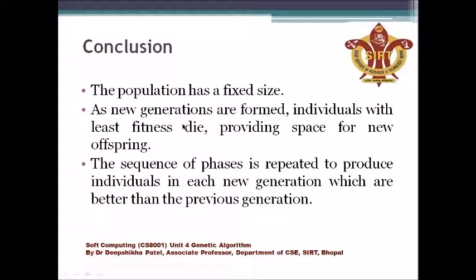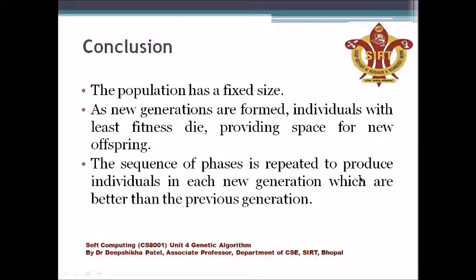All the individuals having a low fitness score have to leave the population space and provide space for new offspring. So the survival of the fittest law is working. So who will survive? The individual with the highest fitness score will survive.